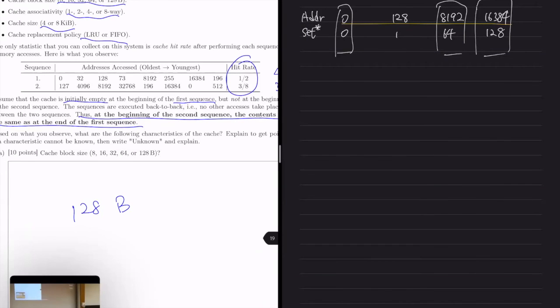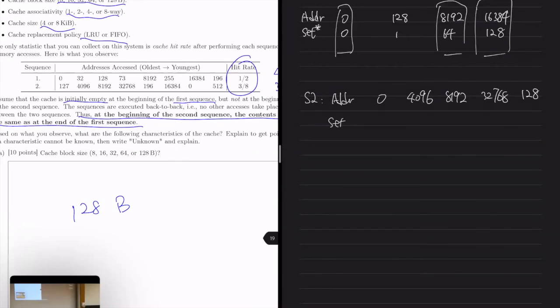So let's say S2, sequence 2. The addresses would be 127, this would be 0. 4K is 4K. 8K is 8K. 32K is 32K. 196 is 128.